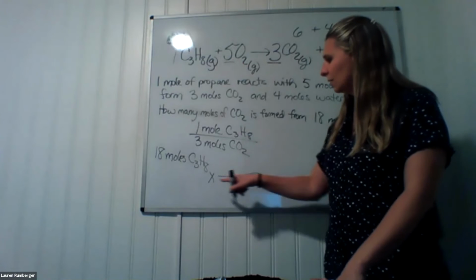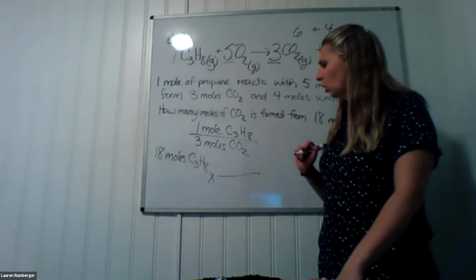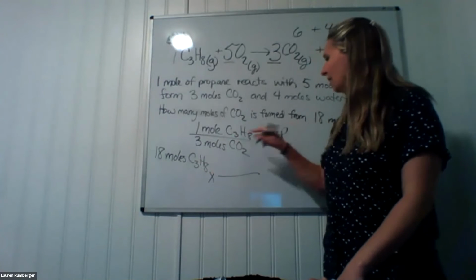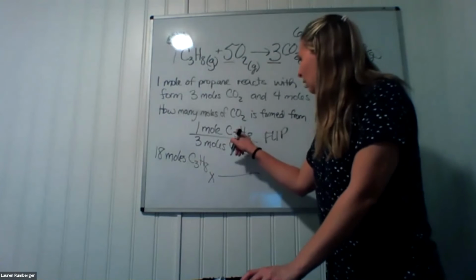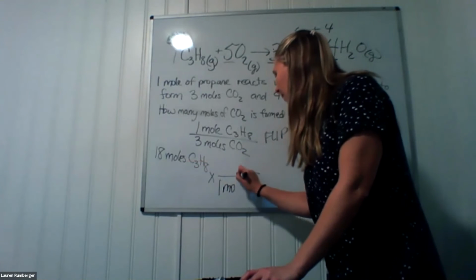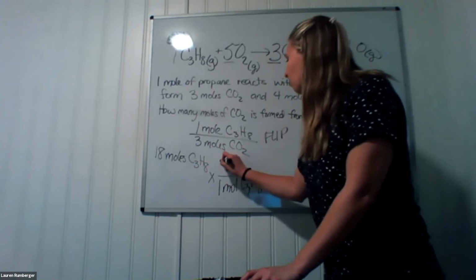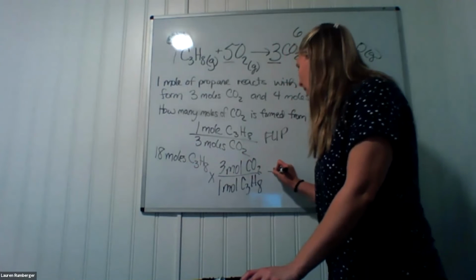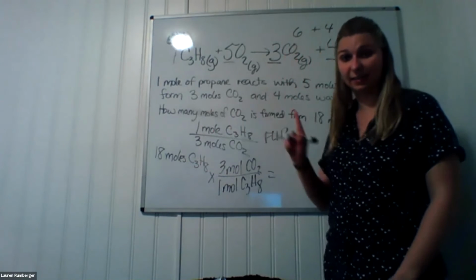Now let's recognize here, in order to convert moles of propane to moles of carbon dioxide, we need to flip this ratio. We're going to flip this to put the moles of propane on the bottom and 3 moles of carbon dioxide on top, because it's asking for us to solve for moles of carbon dioxide.